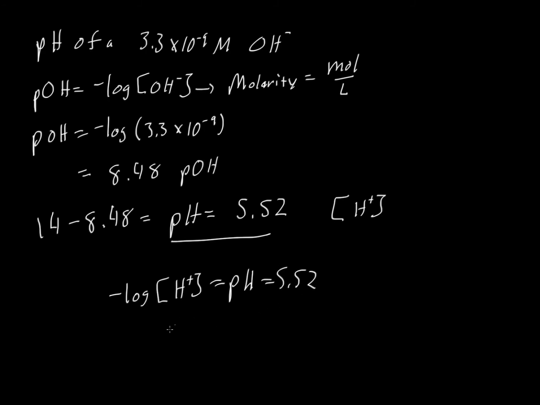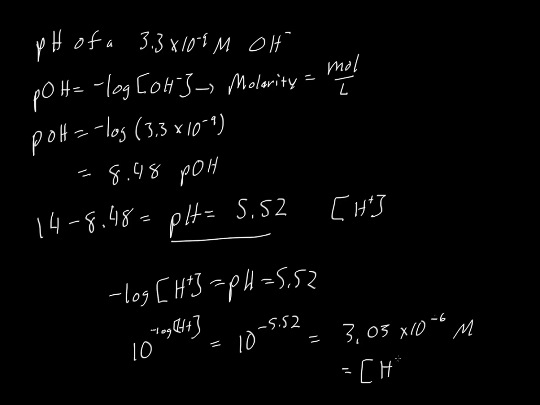We simply take 10 to the negative pH. It's going to be equal to 10 to the negative 5.52, which is equal to 3.03 times 10 to the minus 6 molar. And that is your concentration of hydronium ions.